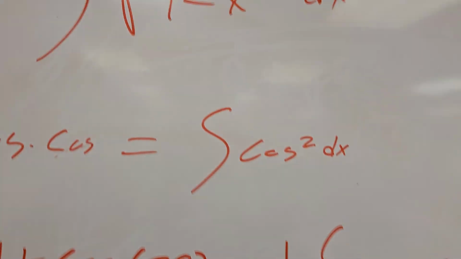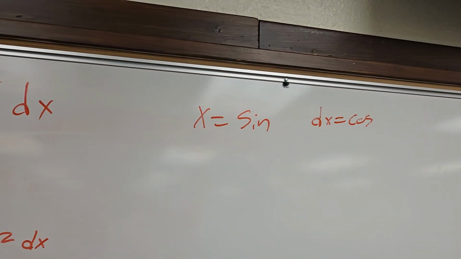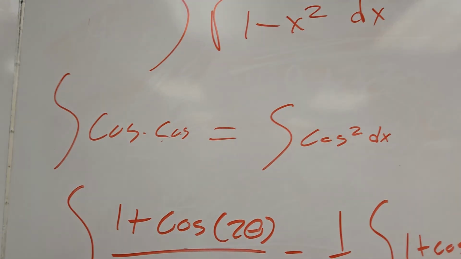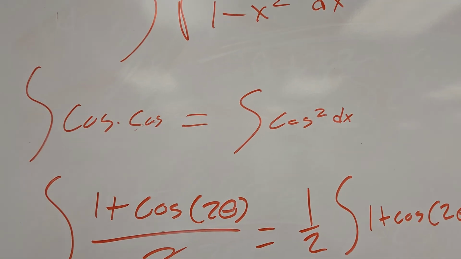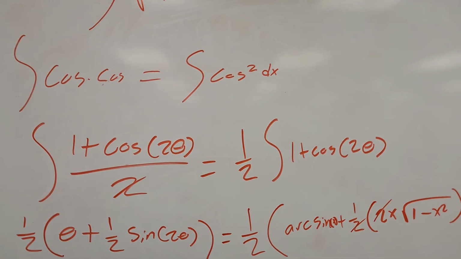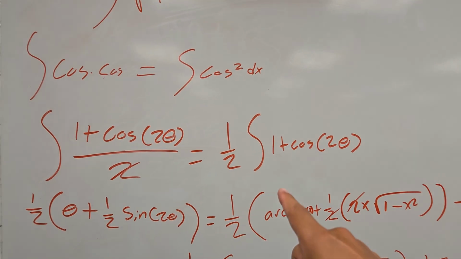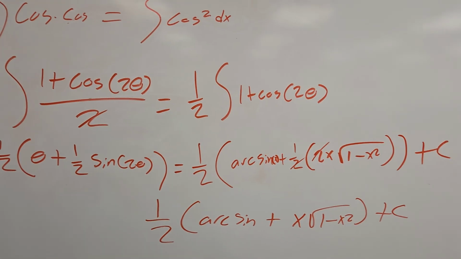So let's just recap. We started with this up here. We knew that these were the identities for that. So we changed it to have the integral of cosine squared, and then we changed it in terms of theta to be able to do the integral easier.